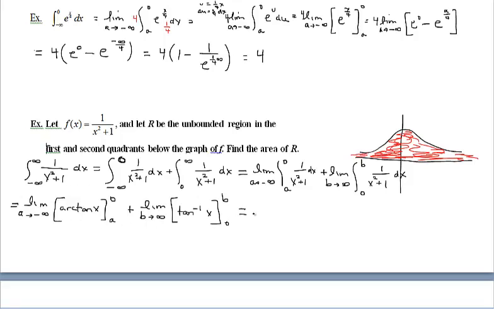Now I'm ready to evaluate here. So I still have the limit. I just still have to do the evaluation part of the FTC. Arctan of 0. I'm going to go to the -1 symbol here just to save some space. Minus arctan of a.